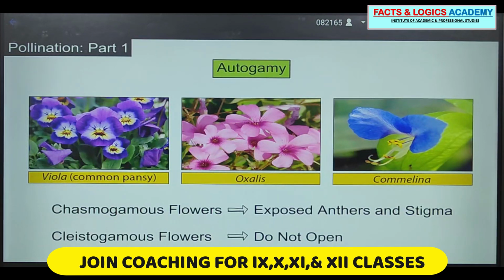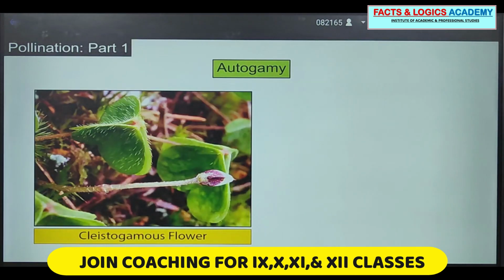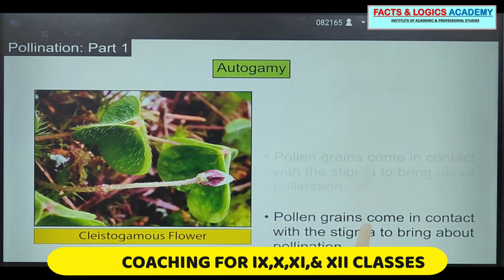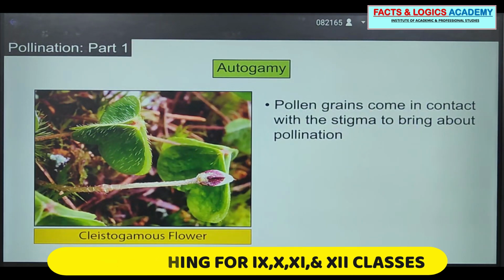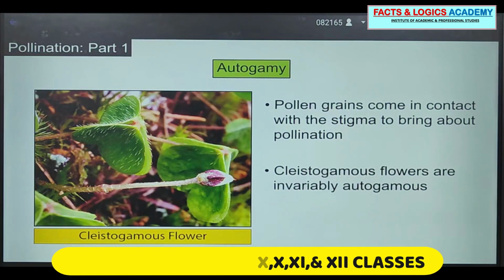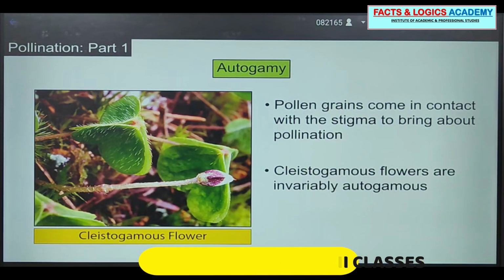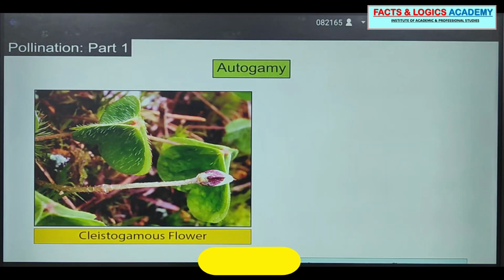In such flowers, the anthers and stigma lie close to each other. When anthers dehisce in the flower buds, pollen grains come in contact with the stigma to bring about pollination. Thus, cleistogamous flowers are invariably autogamous, as there is no chance of cross-pollen landing on the stigma.